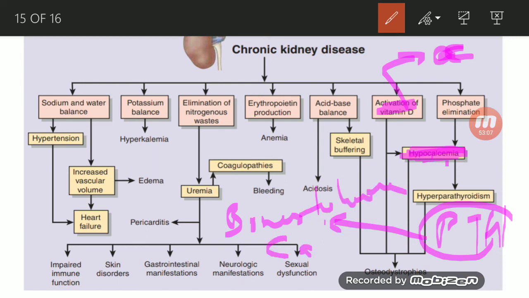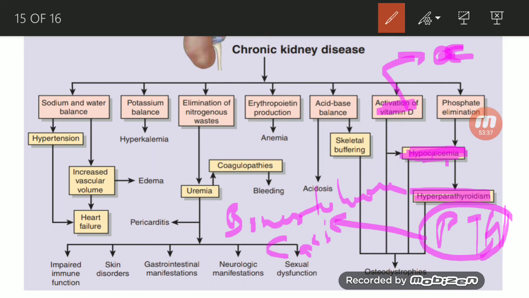So PTH, parathyroid hormone. Your lower amount of calcium is causing your parathyroid to work more, because of which you have hyperparathyroidism, to produce PTH.